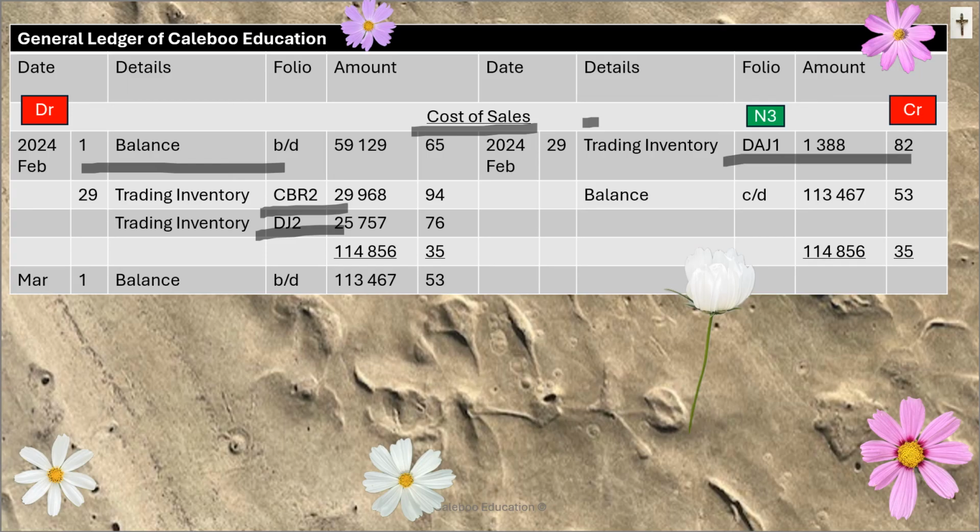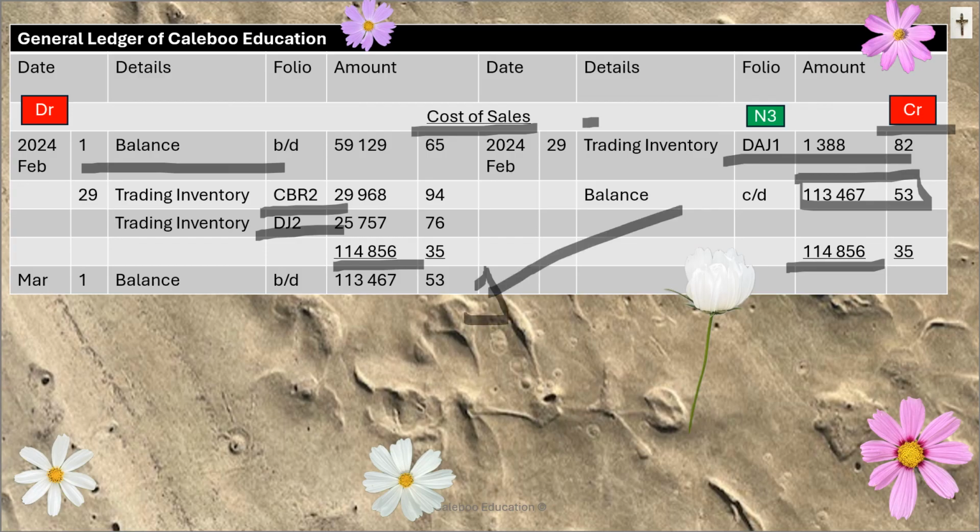We total up both sides by adding the balance carried down to the smaller side, which is the credit side, and on the opposite side of the carried down, on the first day of the next month, we have the balance brought down of cost of sales, and it's 113,467 and 53 cents.